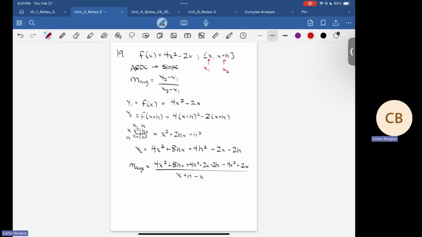And here we get a lot of simplification. So 4x² cancel, negative 2x and positive 2x cancel, and the x's in the bottom cancel.